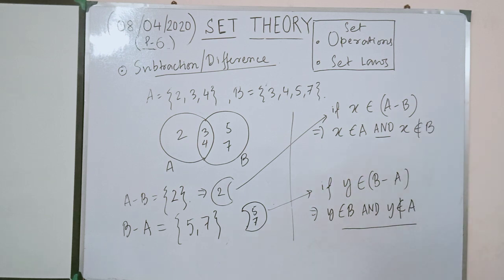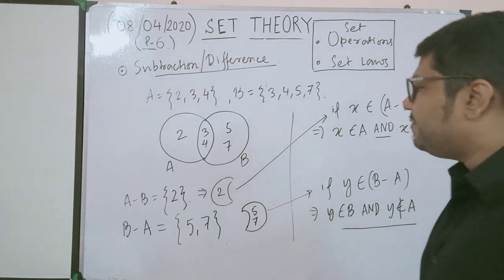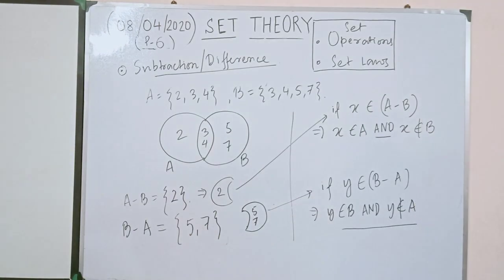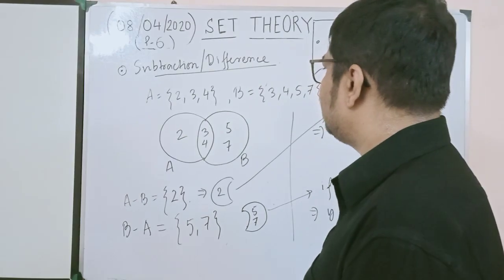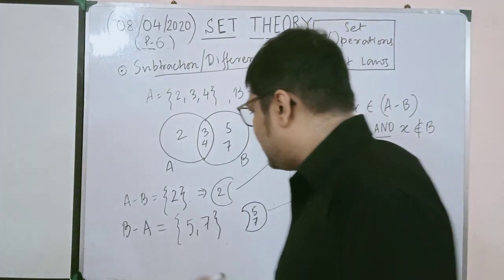So now a little modification to this. I'll show you the symmetric difference. Symmetric difference is actually the union of A minus B and B minus A. So what I do, I write like this.